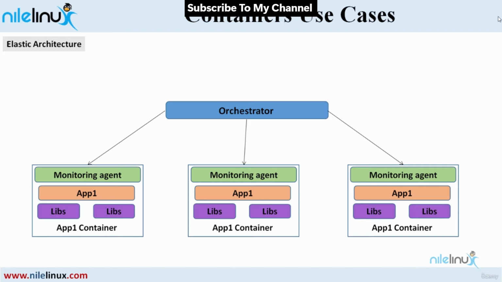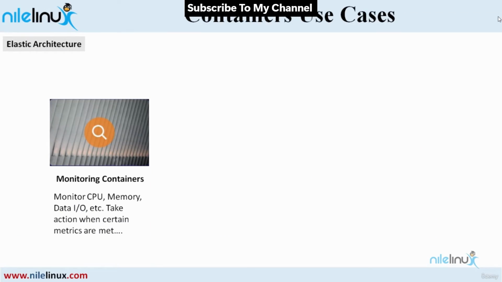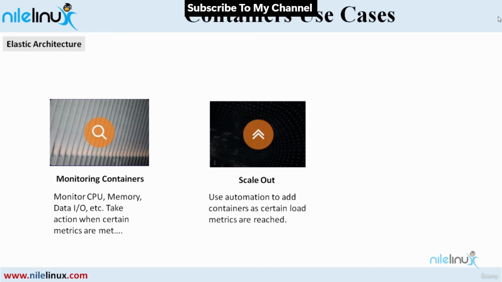So what does this mean? This means we are going to monitor our containers for CPU, memory, data usage, and other metrics. And if we are using too much CPU, or too much memory, or if our read-write times for our data are getting too slow, then we can scale out.